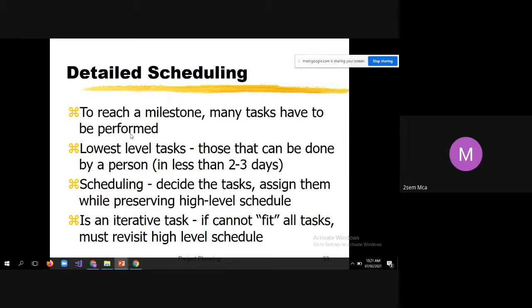Then scheduling: decide the tasks and assign them while preserving the high level schedule. Scheduling means deciding the tasks. For example, in the case of requirements document preparation, getting the user stories from the user is one thing.